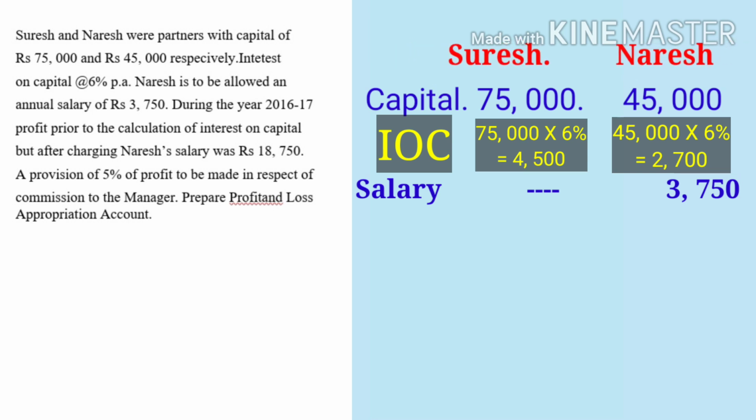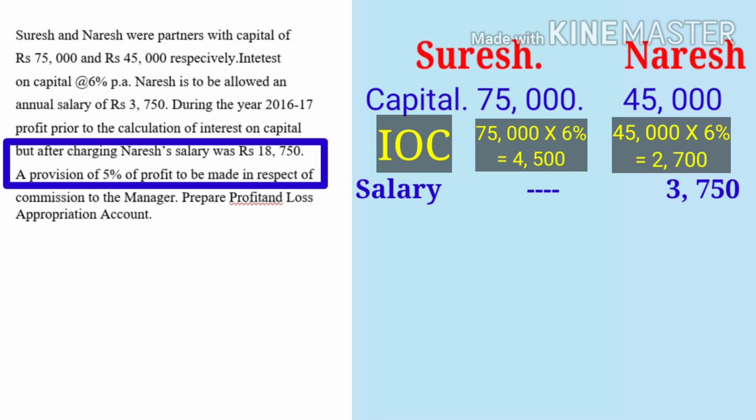During the year 2016-2017, profit prior to the calculation of interest on capital, but after charging Naresh salary, was rupees 18,750. This is a very important point in this question. This profit is prior to the calculation of interest on capital, but after charging Naresh salary.